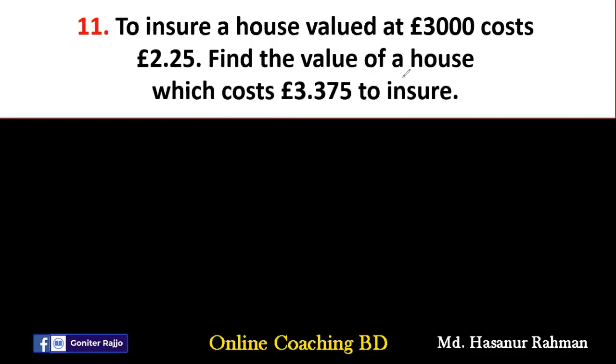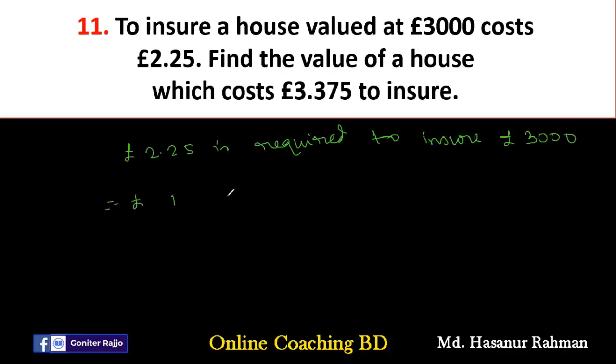Find the value of a house which costs 3.375 pound to insure. 2.25 pound is required to insure 3,000 pound. Therefore, 1 pound is required to insure 3,000 divided by 2.25 pound.